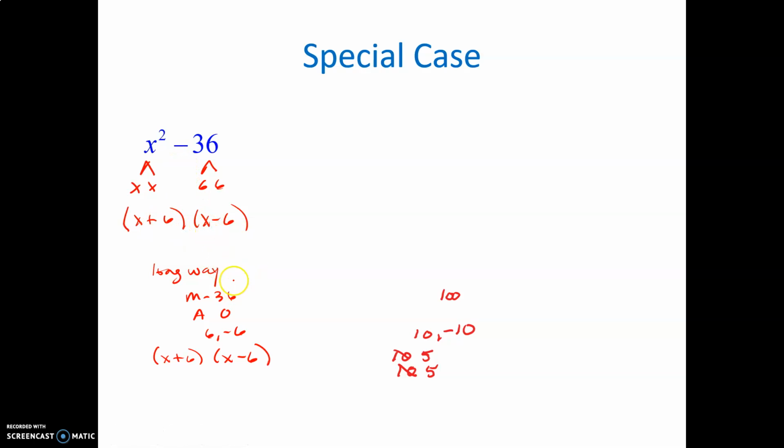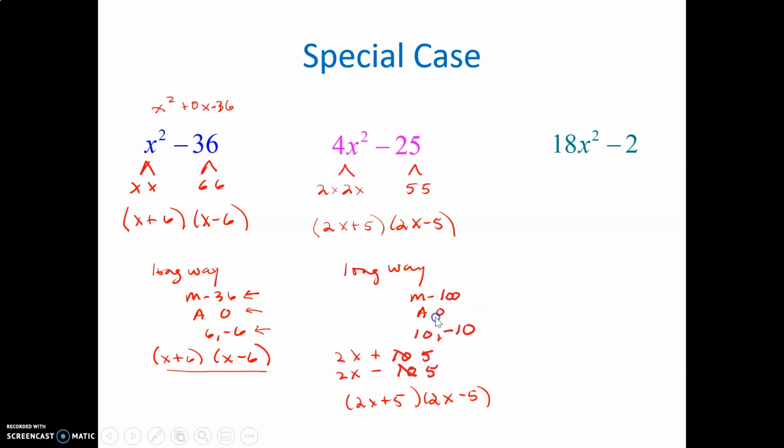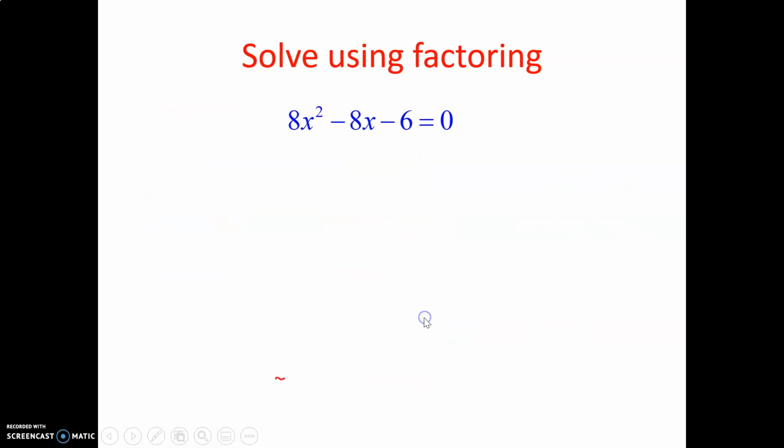I can also do it the long way, because this is x squared plus 0x, minus 36. So I need two numbers that multiply to be a negative 36 that add up to be 0. They are 6 and a negative 6. With no number in the front, it would become that. You can look at these on your own because I don't want to run out of time to do this problem here.